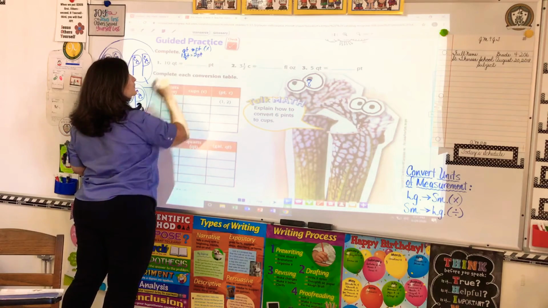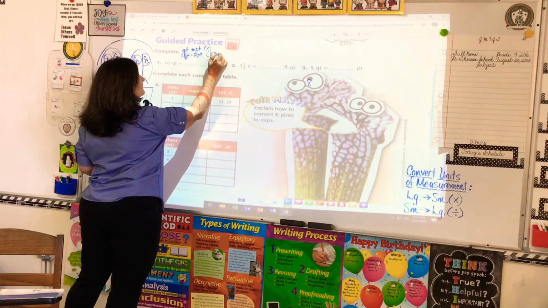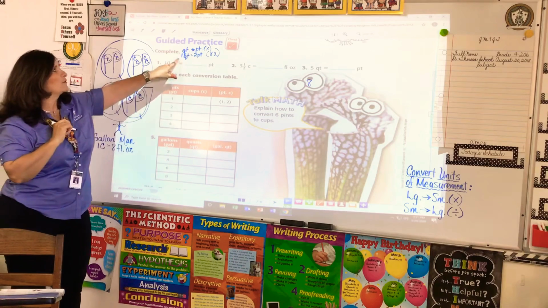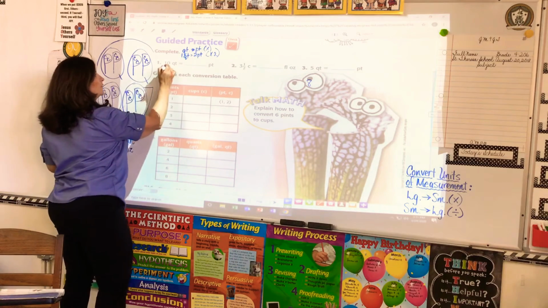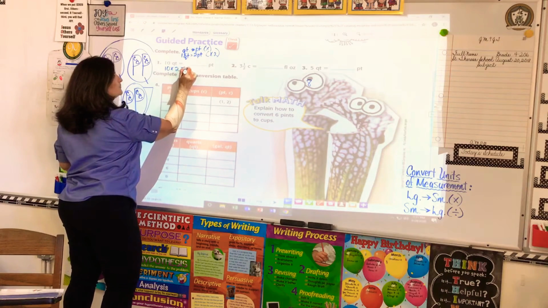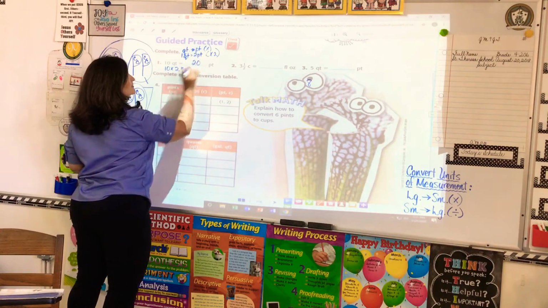So every time we have a quart, we want to multiply it by 2 to get the pints. Well, we don't have 1 quart, we have 10 quarts. So 10 times 2 equals 20. Therefore, 10 quarts is the same as 20 pints.